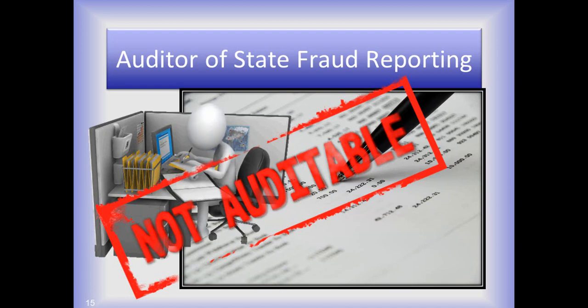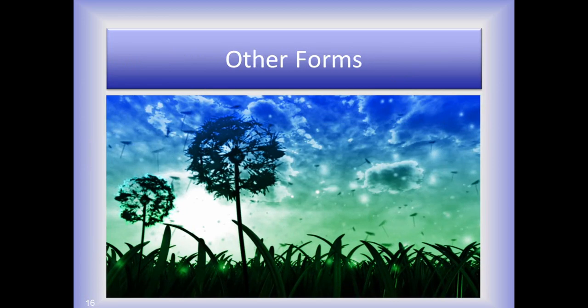The signed acknowledgement, whether the Auditor of State's form or in a handbook, must be kept in each employee's personnel file. The Auditor of State will confirm, when conducting an audit, that new employees have been provided the information as required by the Ohio Revised Code.